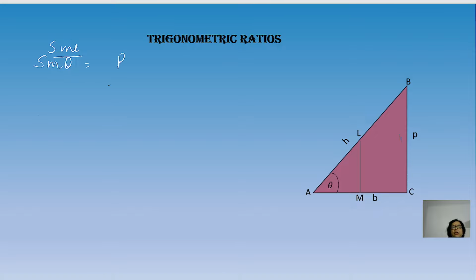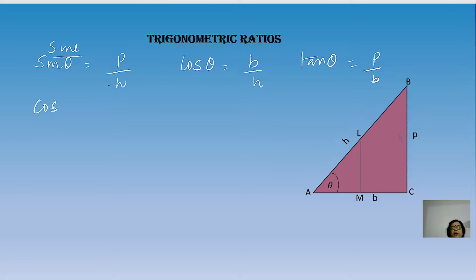So sine theta is equal to perpendicular by hypotenuse. Then we have cosine theta, the short form is cos theta, and that is the ratio of base by hypotenuse. Then we have tan theta, the full form is tangent, and the ratio is perpendicular by base. So accordingly, the sides have to be taken into consideration. Then we have the reciprocals.